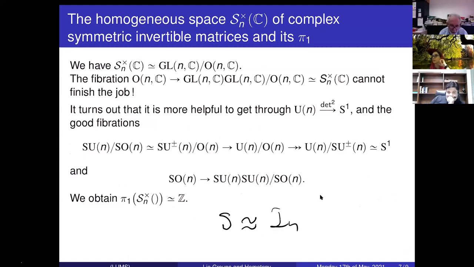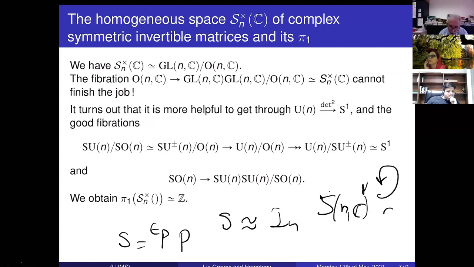I take all the symmetric matrices which are invertible, and I let GLn act by P·S = P S P^T.